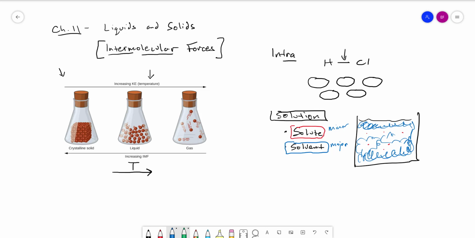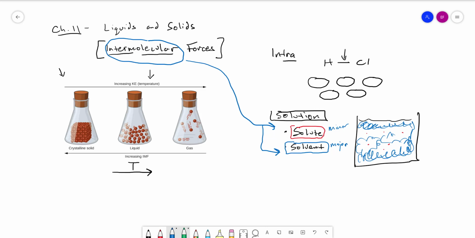And so the intermolecular forces of the solute and the solvent are what dominate the ability for the solute to actually dissolve in the solvent. Not only do intermolecular forces impact the physical state of the matter of a single substance, whether that's a solid, liquid, or gas, they also dictate whether or not two substances can dissolve in one another to form a solution, and to what extent.